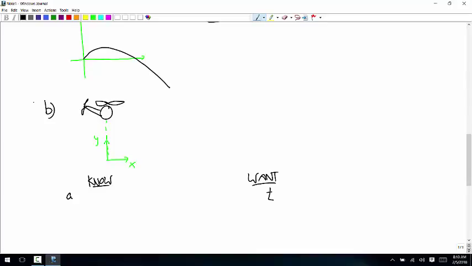We know the acceleration. Do we know the initial position? Yeah, 55 is the y position, positive 55. X is 0. Do we know the final position?